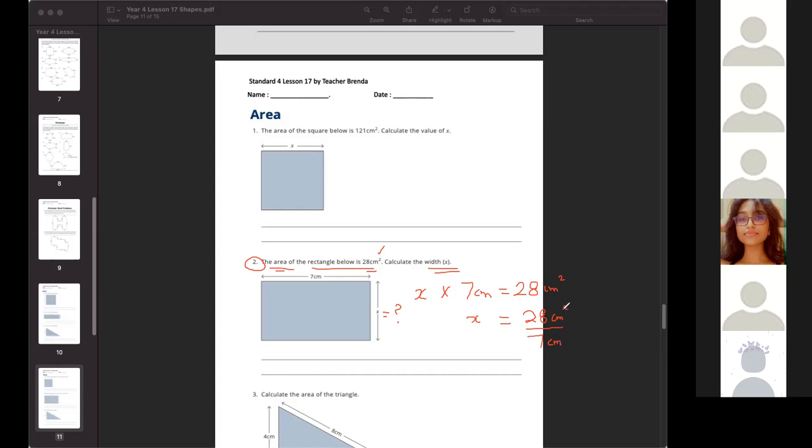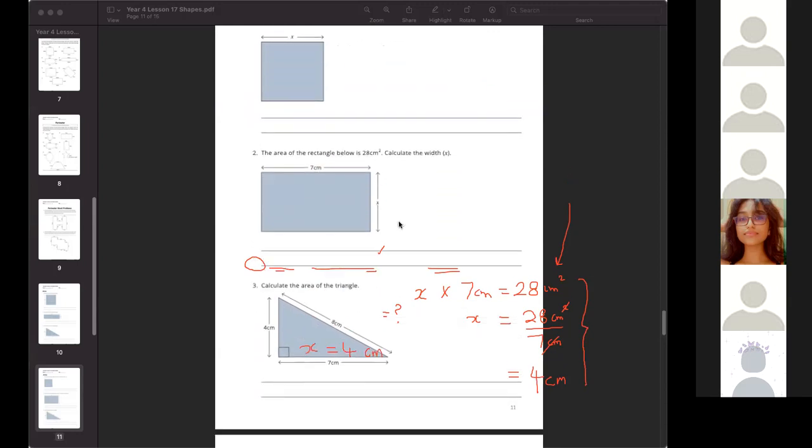Now, please look at how I'm doing. 28 divided by 7, answer is 4. And how does the centimeter work? This is 2 centimeters up here. So, you cancel 1 centimeter and you cancel the 2. But you still have 4 centimeter. So, you must say, Tristan, X is 4 centimeter. Please copy this down as a reference. Okay? All right. Good. Let's move on.